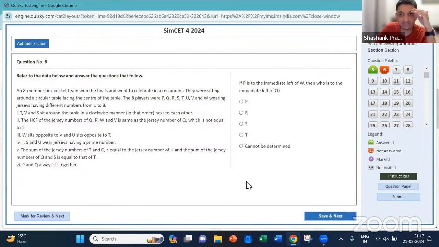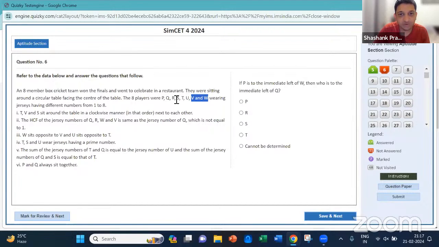If P is to the immediate left of W, then who is to the immediate left of Q? W, P, Q, and someone. W is opposite to V, so W, V are gone. T and R are gone. P and R are gone.